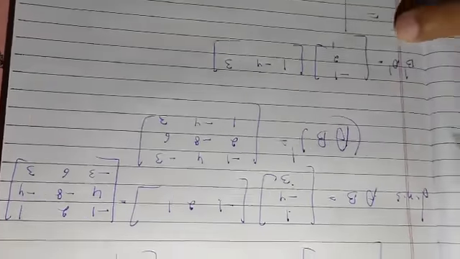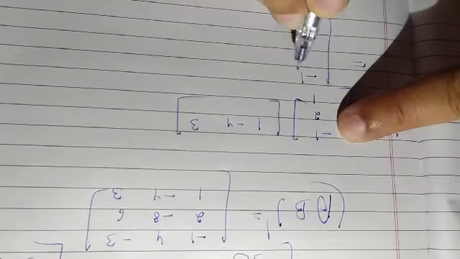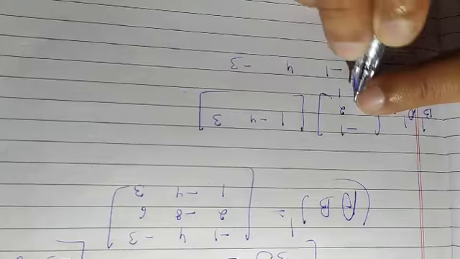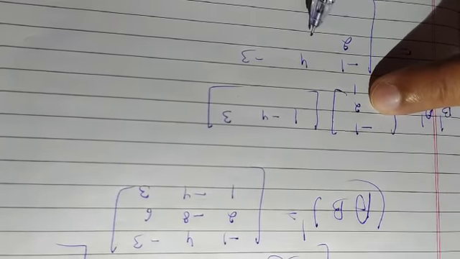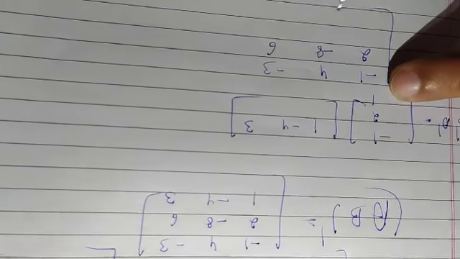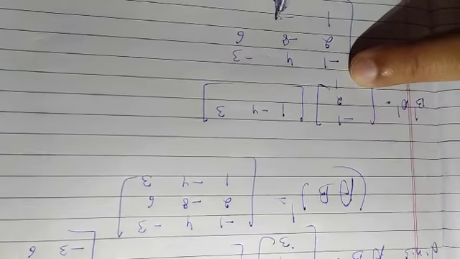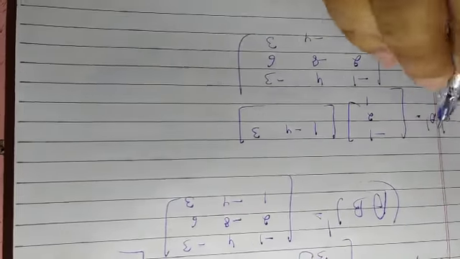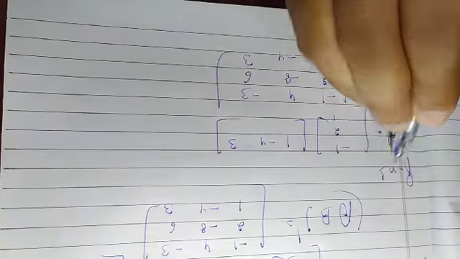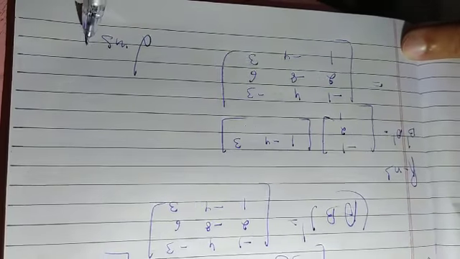B transpose into A transpose: minus 1, 4, minus 3, 2, minus 8, 6, 1, minus 4, 3. So the left hand side is equal to the right hand side.